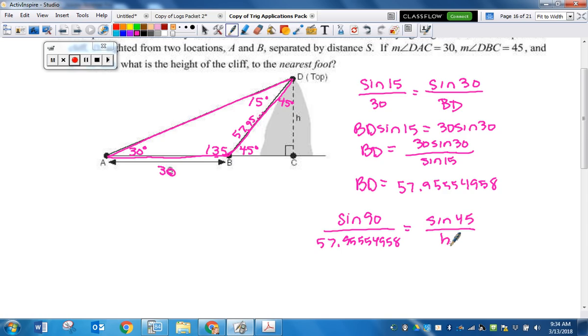And then if I cross multiply and divide, ultimately I'm going to get h equals 57.955549548 times the sine of 45, all divided by the sine of 90. You can do the cross multiplying to get there.